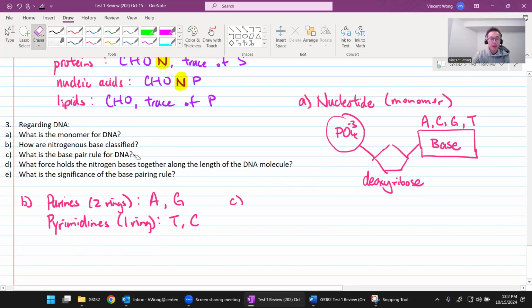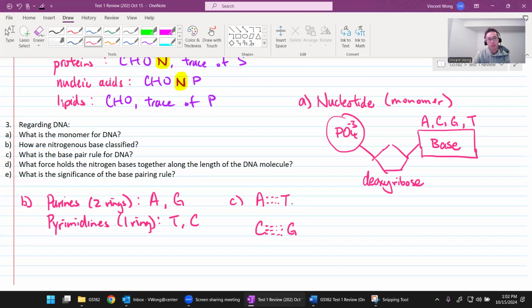As for the base pairing rule, adenine pairs with thymine, and there are 2 hydrogen bonds holding them together. Whereas C and G have 3 hydrogen bonds holding them together.